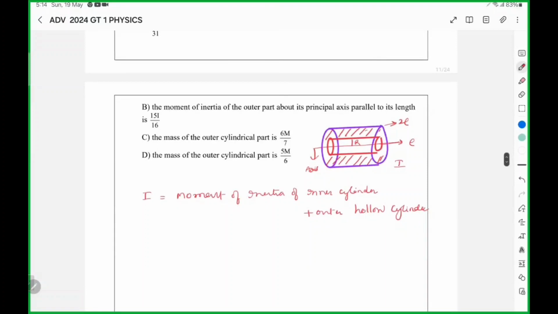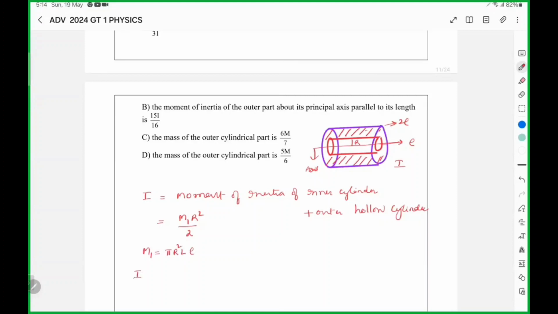So for the inner cylinder, let us say mass m1, the moment of inertia, everybody knows it, is m1 r square by 2. Regarding m1 in terms of density, it is cylinder volume into density, pi r square L into rho.